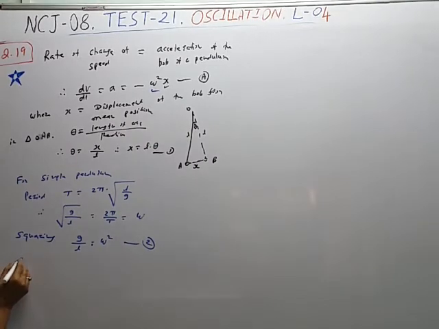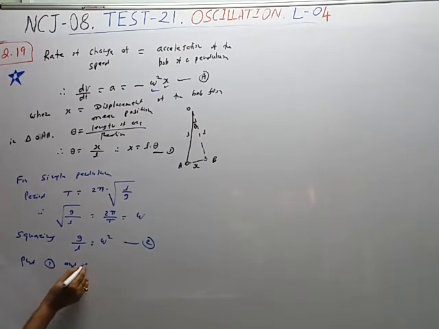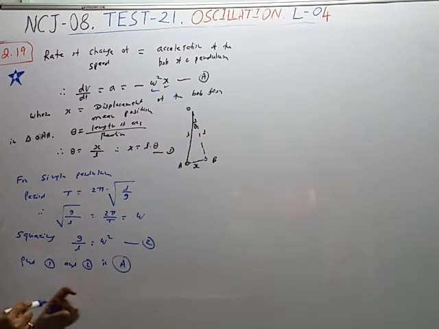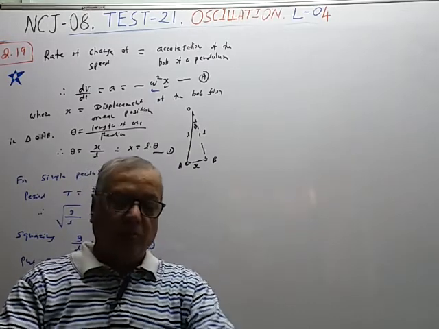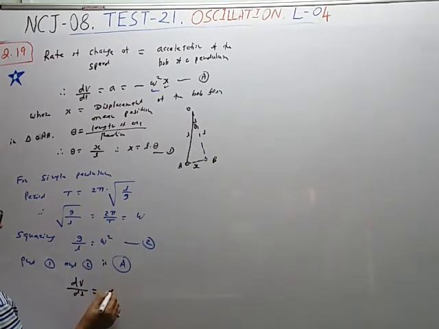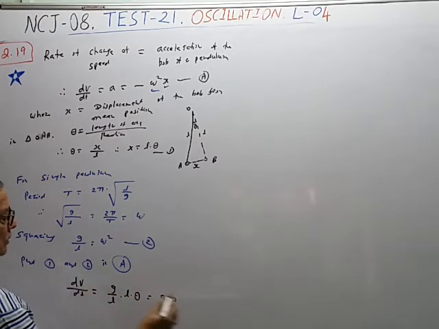So put 1 and 2 in equation capital A. Therefore, dV by dt, rate of change of speed is equal to omega square x is equal to G by L into L into theta. So this is equal to G into theta. G into theta.